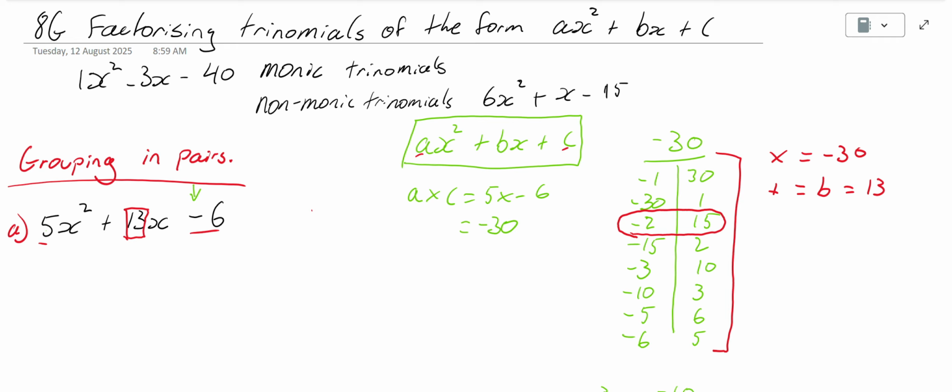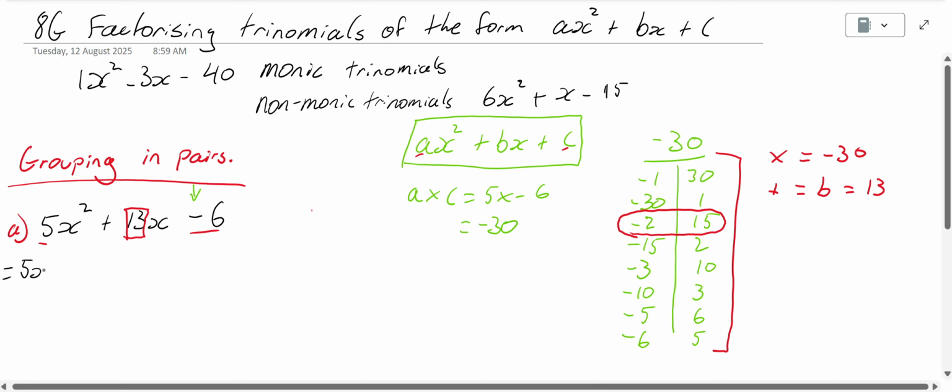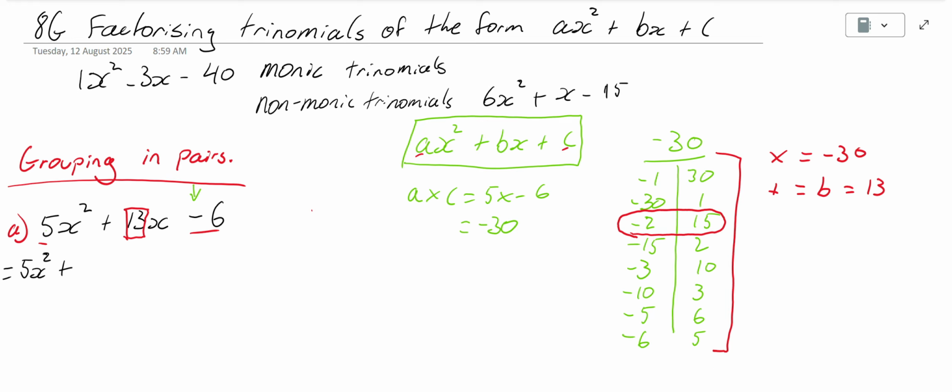So we come back to our expression. Our 5x squared will stay where it is, but instead of writing 13x, I am going to write negative 2x plus 15x minus 6. And I can take out that plus sign and just write minus 2x.